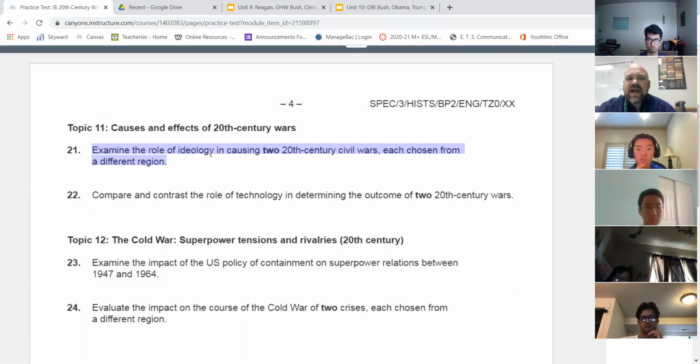What's the ideology attached to the Irish Civil War? Full freedom versus loose, like 80% freedom. Sure, right? The idea of nationalism and the limits of nationalism. What's the ideology attached to the Second Boer War? Afrikaner nationalism. I would also say the ideology of racial superiority, right? All right.